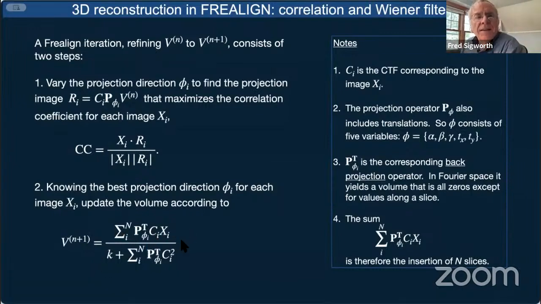So FreeAlign is just a Wiener filter that sort of operates on volumes. It operates on the Fourier volume where we have inserted slices from the individual images. Okay, you like that? Somebody tell me if you like that or not. And I apologize that you don't have the slides already. You will get all of these.